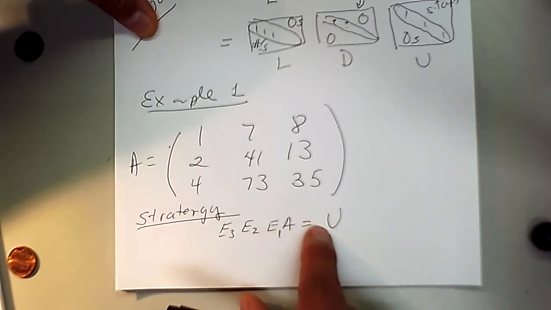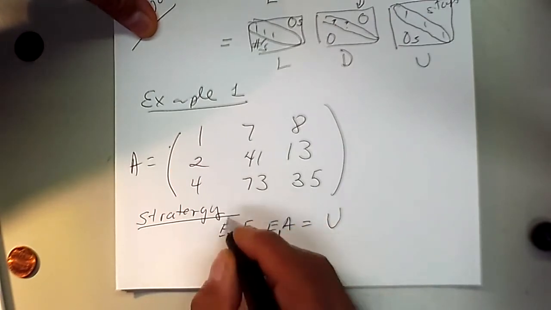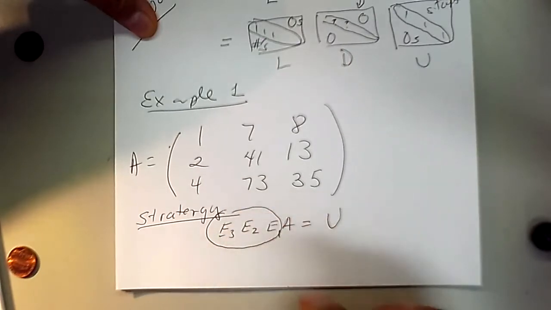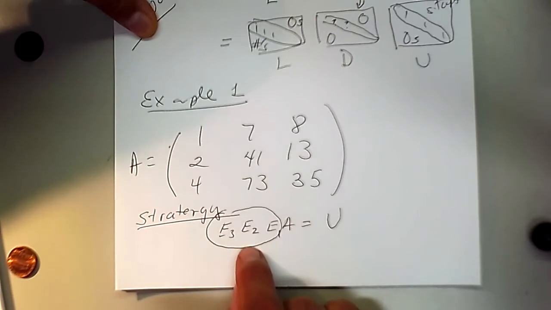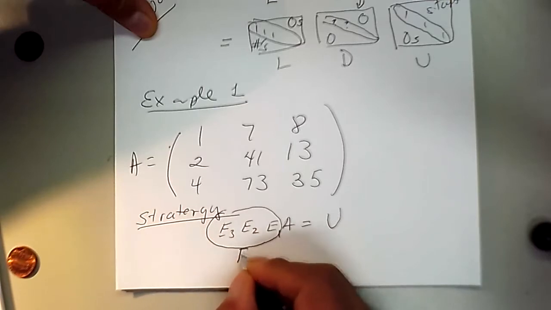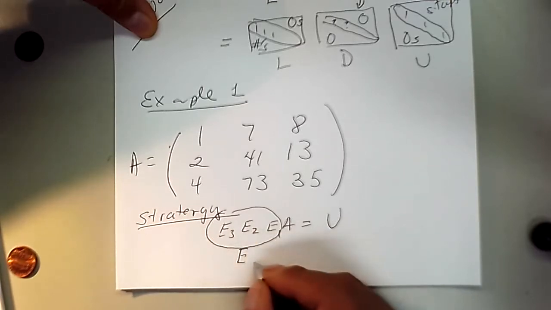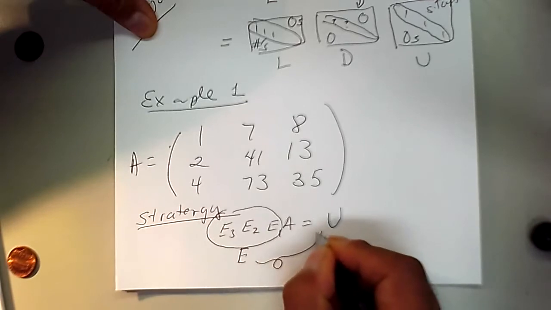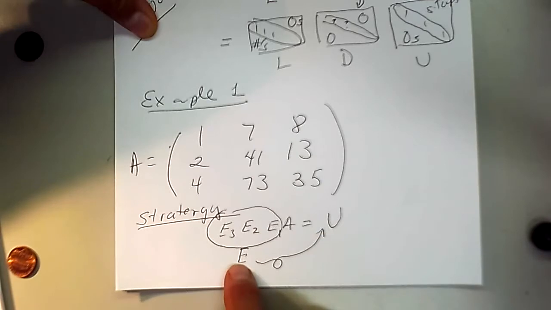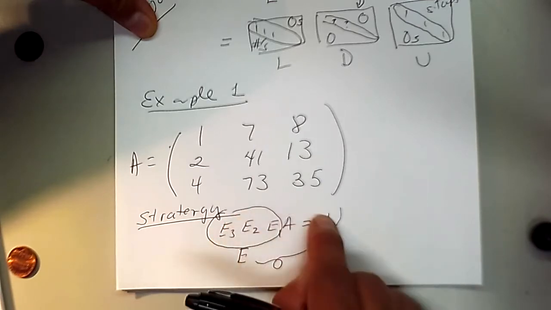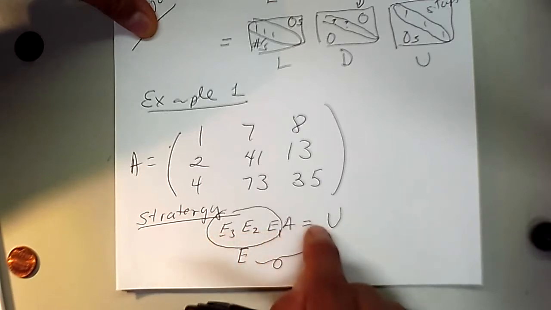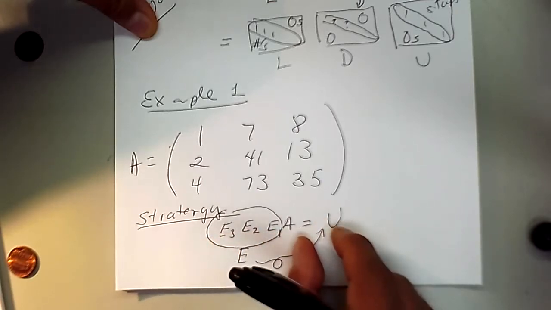How do we come up with the L? Well, here's the trick. We have to take the inverse of those 3, and there's a couple different ways to go about it. We can consolidate this into a big giant E, and then find the inverse, and that's going to be labeled our new L. Or you can take those one by one, find the inverse of each one of those one by one, and that's going to be the inverse.